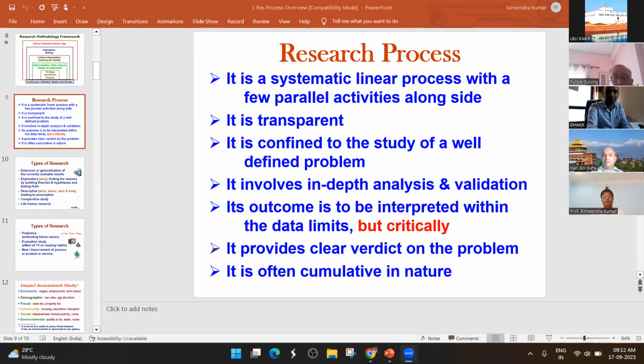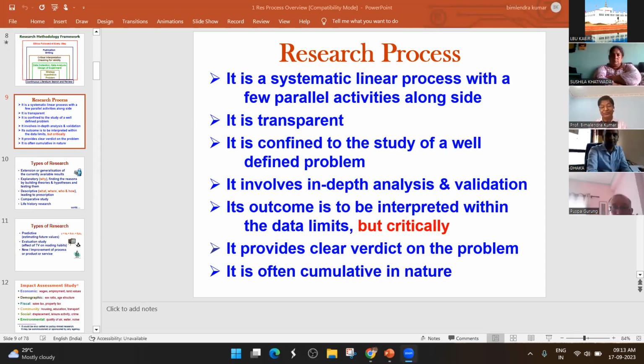So it is confined to the study of well-defined problems. So for research problems, there must be continuous literature review, until you go through the literature related to your subject.